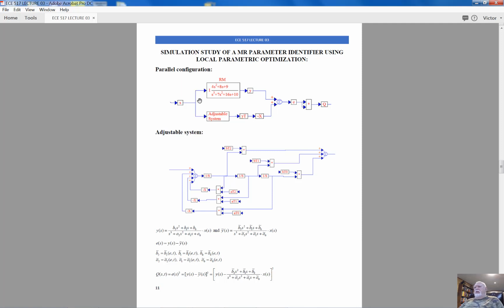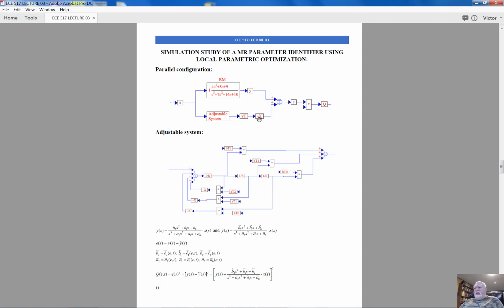First of all, you understand that the input signal is X, and the input signal is applied at the same time to the reference model and to the adjustable system. The output of the reference model I call Y. The output of the adjustable system I call YT, and this big T stands for theta.